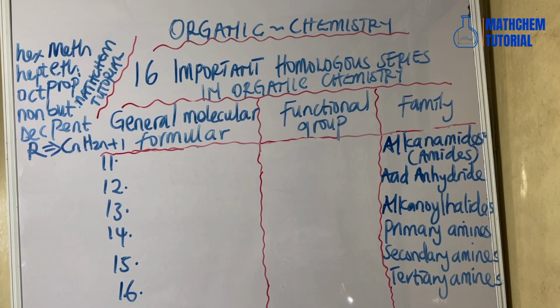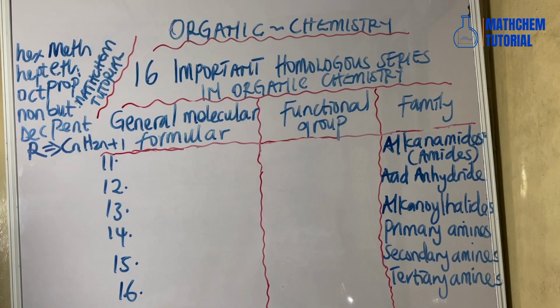Ammonia is a gas, and also it is a base. So all these amines, primary, secondary, tertiary, as well as the alkanamides, are also bases. And in terms of electrolytes, they are weak electrolytes.